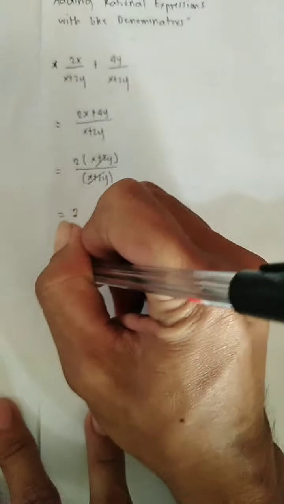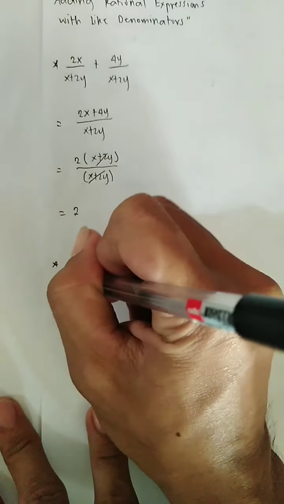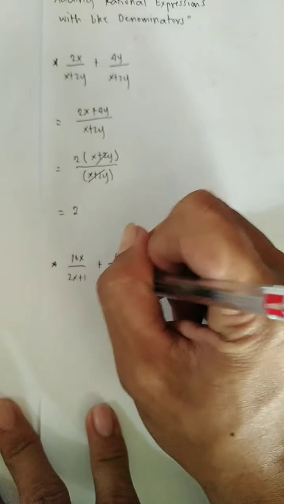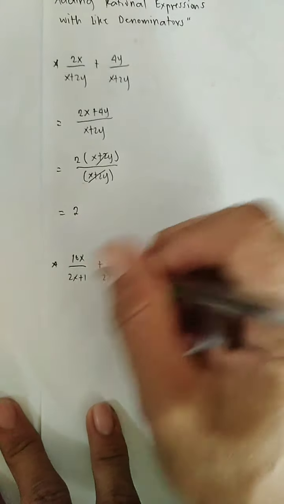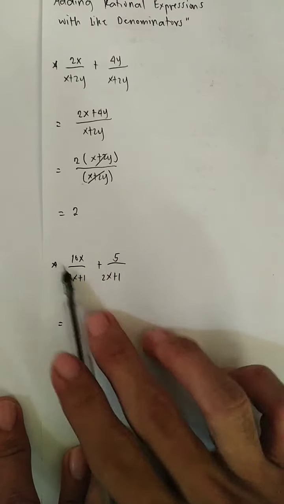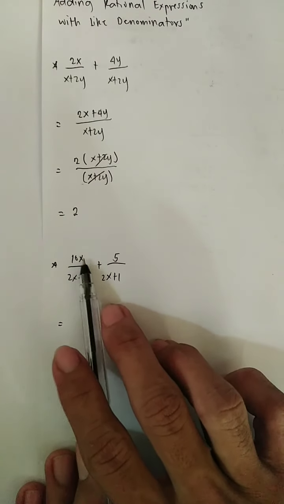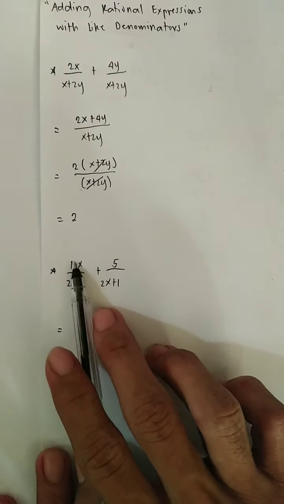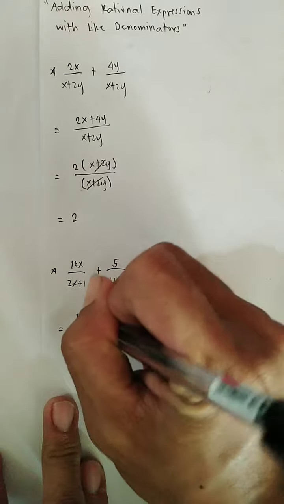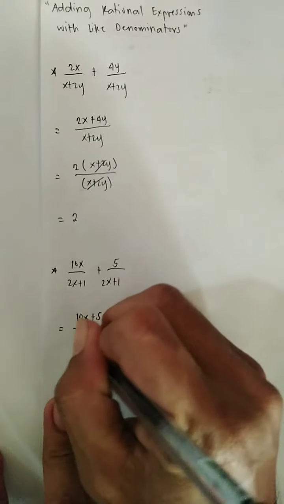Next, we have the second example, say 10x over 2x plus 1 added to 5 over 2x plus 1. In this case, we still have the same denominator in both rational expressions, so all you have to do is simply add the numerators directly. 10x plus 5 over, just copy the denominator, 2x plus 1.